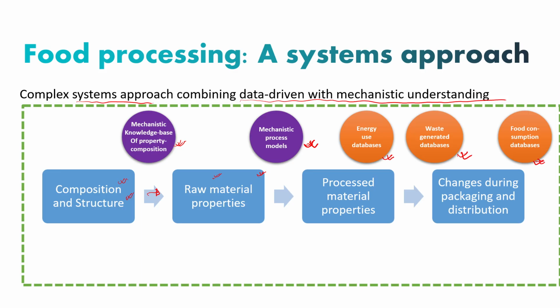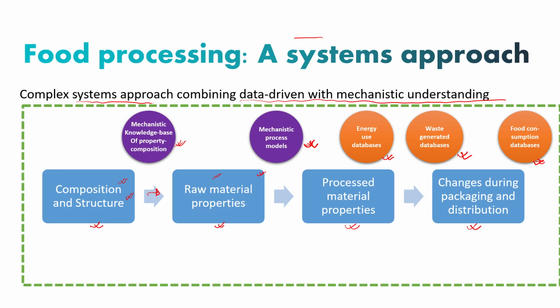these kinds of databases to go all the way from composition to raw material properties, meaning the material properties before the food is processed, and then we can get to the processed material properties, how is the final bread, and then changes in packaging and distribution. So during packaging and distribution, what other changes might happen?